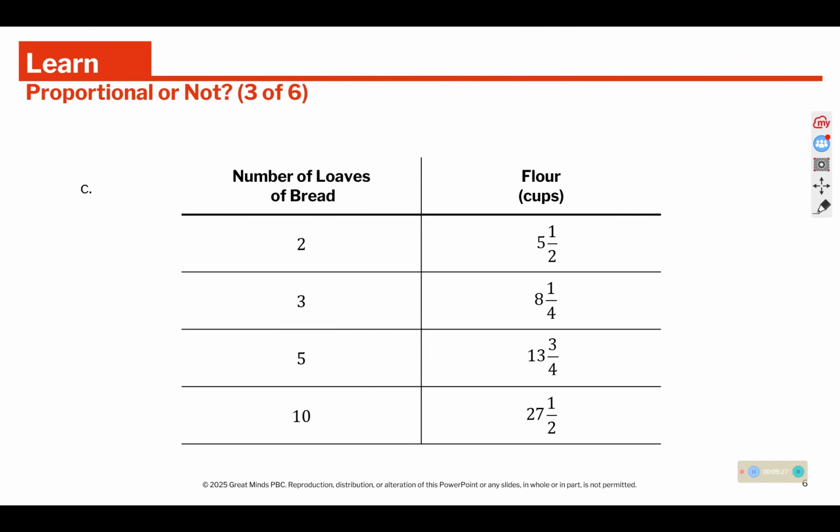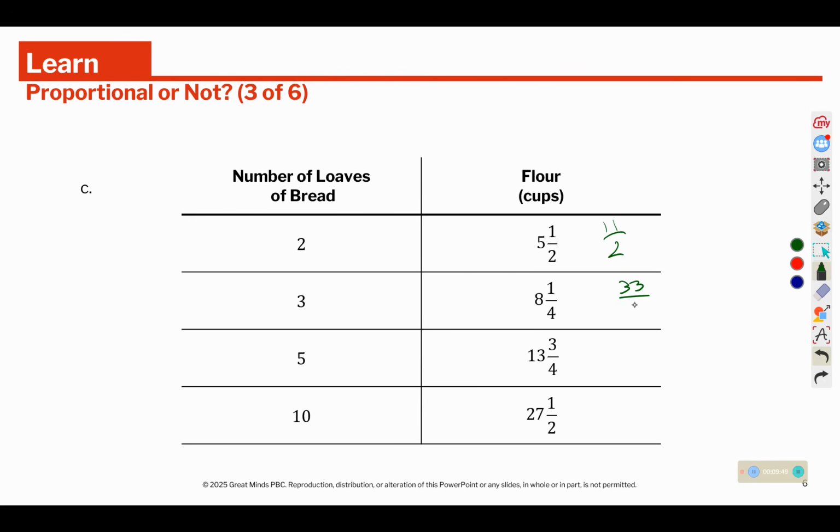C. We can also work with them in fraction form rather than decimal form, but I prefer the improper fraction version. So 5 times 2 is 10, plus 1 more makes 11. And then we keep the denominator that it started with. 8 times 4 is 32, plus 1 more makes 33.